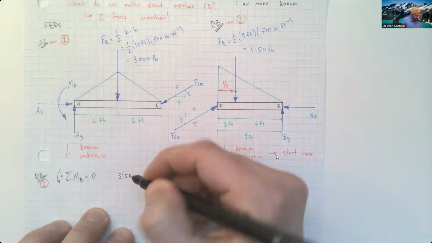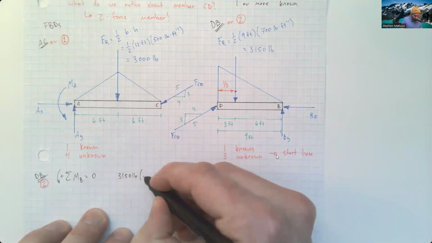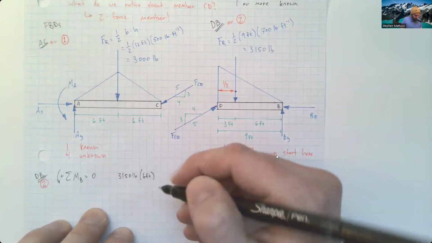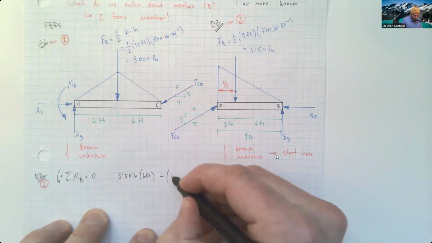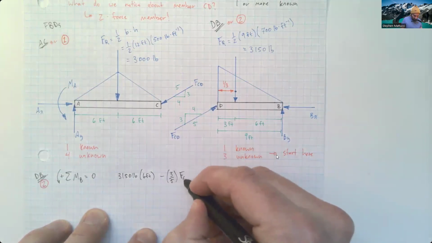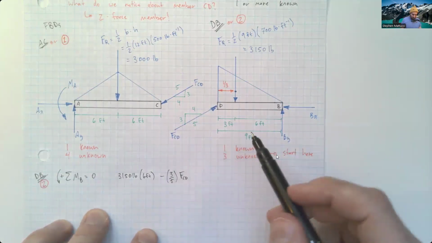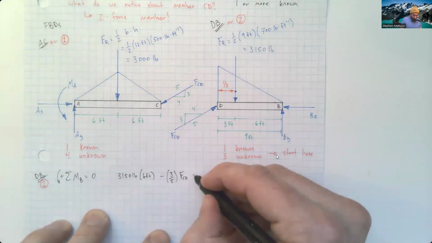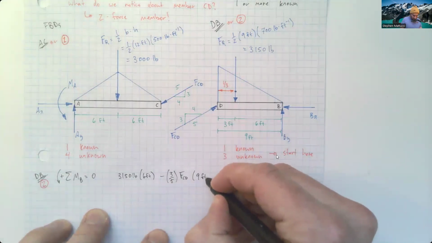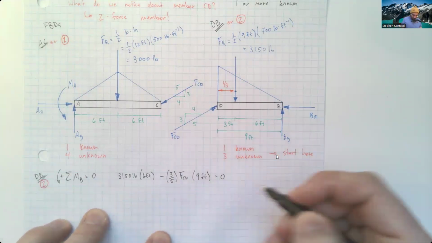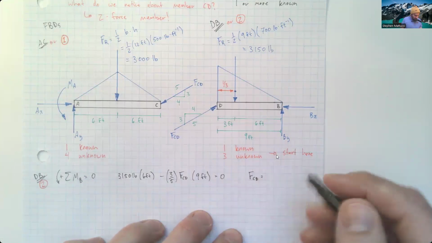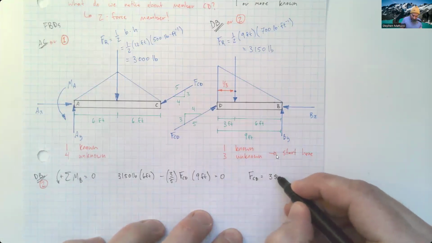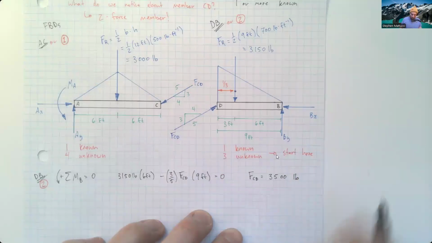We have 3150 pounds times 6 feet minus 3/5 FCD times 9 feet equals 0. We'll solve this to get FCD is equal to 3,500 pounds.